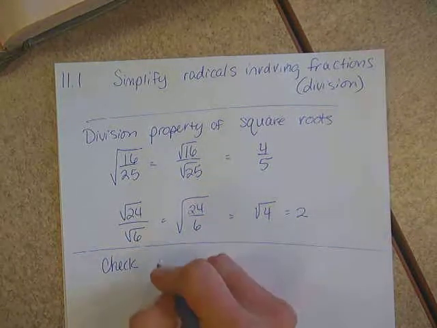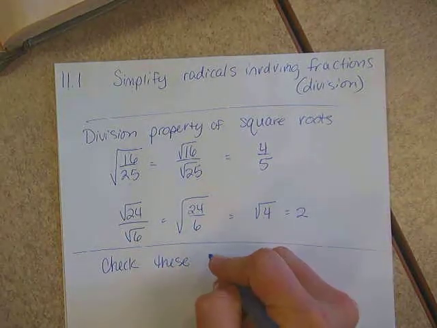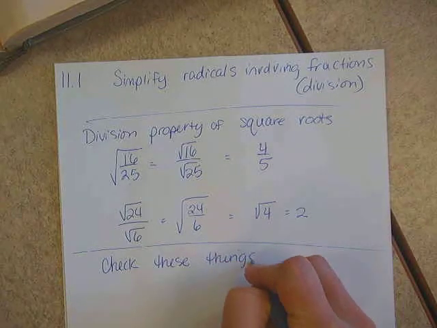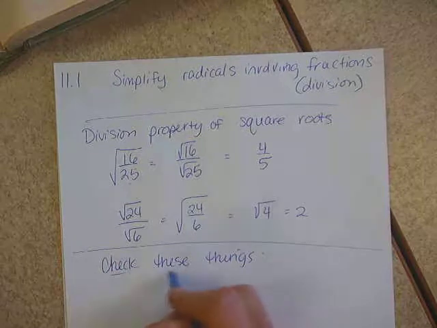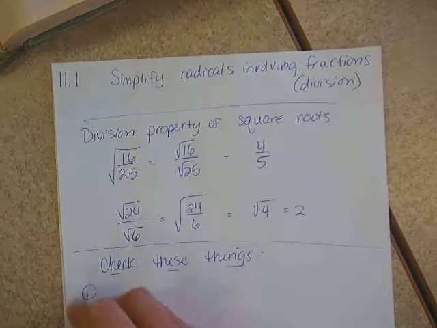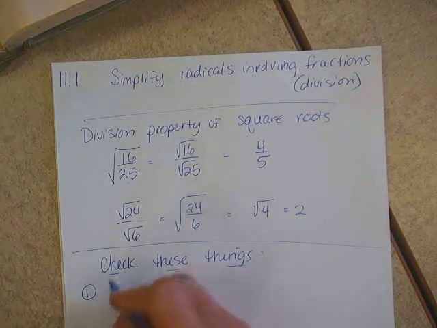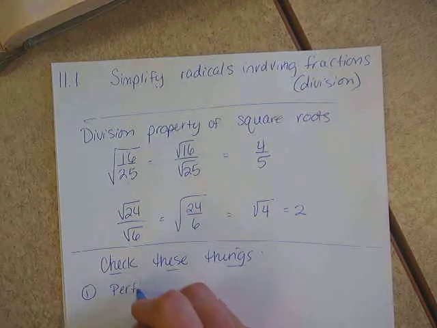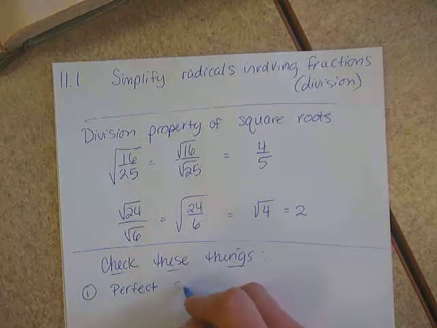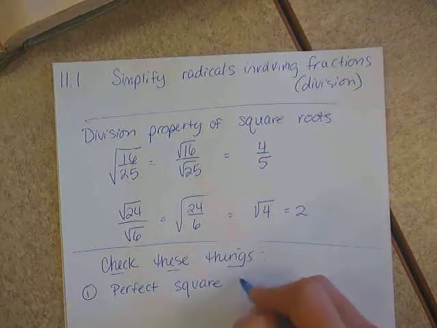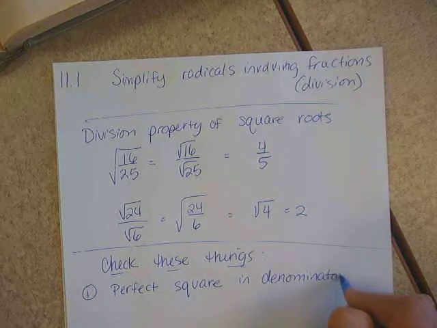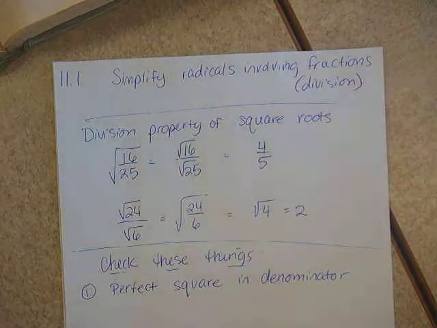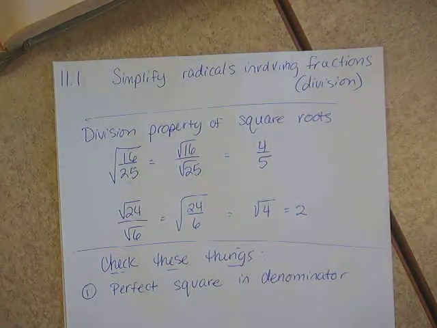So when you see that there's a radical involving fractions, you're going to check these possibilities. The first thing you want to look at is: is there a perfect square in the denominator?